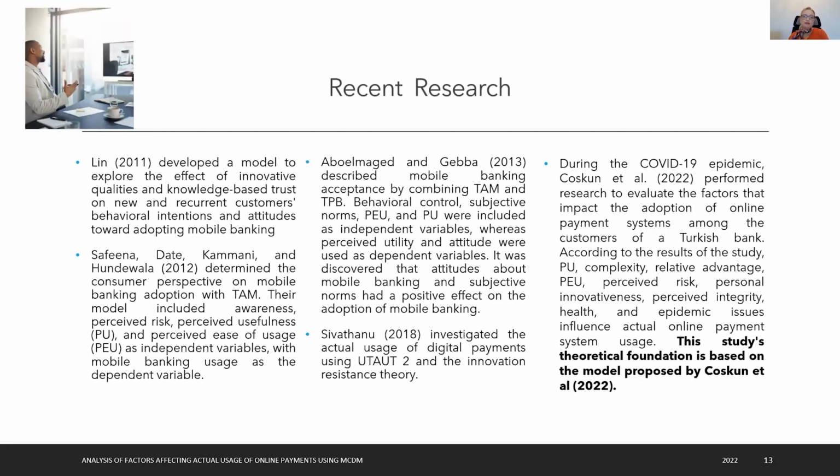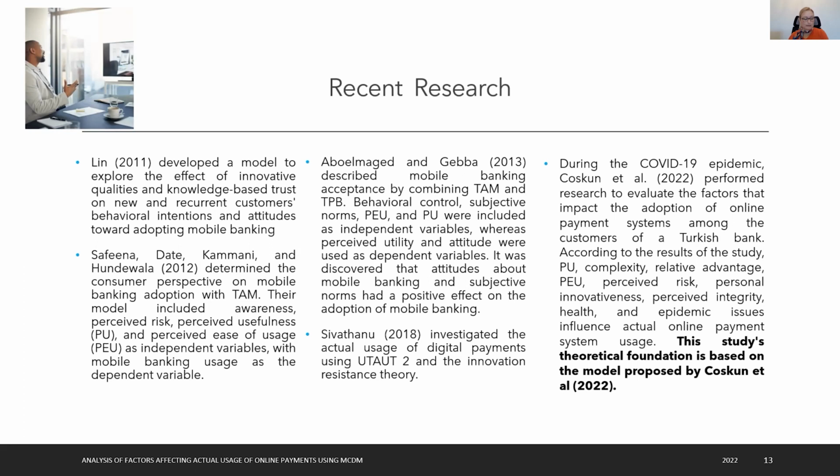When we look at the recent research based on these early theories, we see that most of the research is based on mobile banking, and we also use these sources as our literature review.